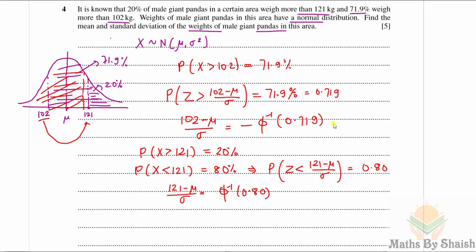And so we have the two phi inverse, we can calculate from the distribution table, and we'll get two simultaneous equations in mu and sigma, and hence we can find the value of mean and standard deviation.